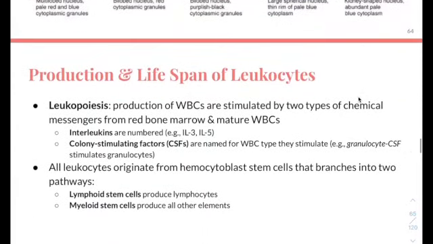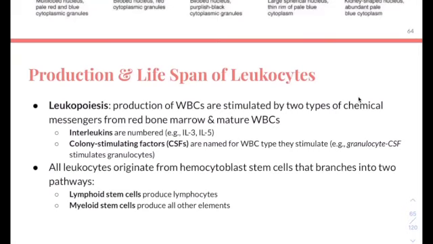So leukopoiesis is the creation of white blood cells. And there's two different chemicals that stimulate the production of white blood cells: interleukins and colony stimulating factors. Interleukins are numbered.